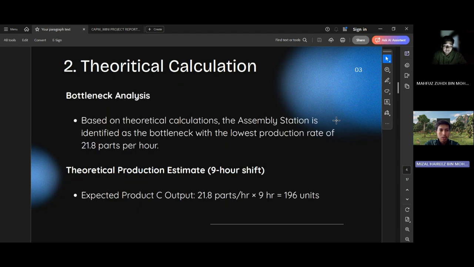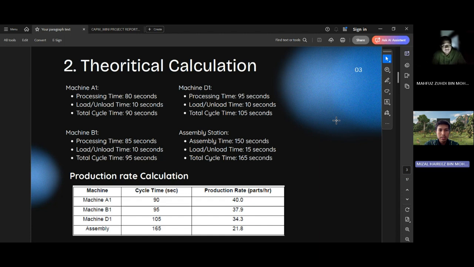Converting cycle times to hourly production rates reveals system capacity. The assembly station clearly emerged as the bottleneck with the lowest rate at 21.2 parts per hour. This means regardless of upstream machine performance, system output is limited to assembly capacity.